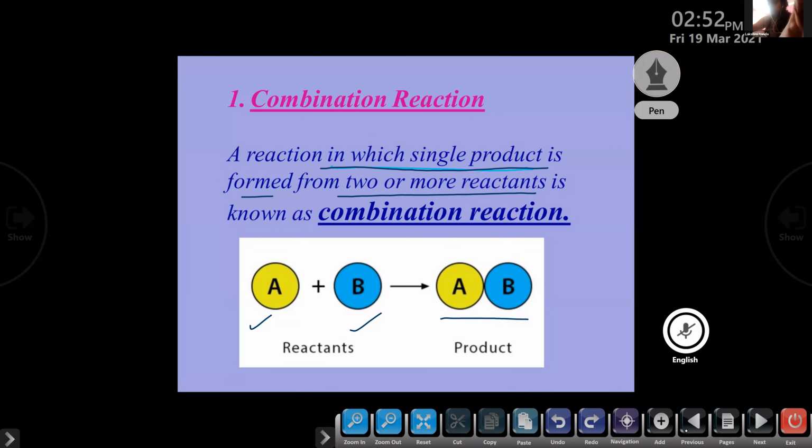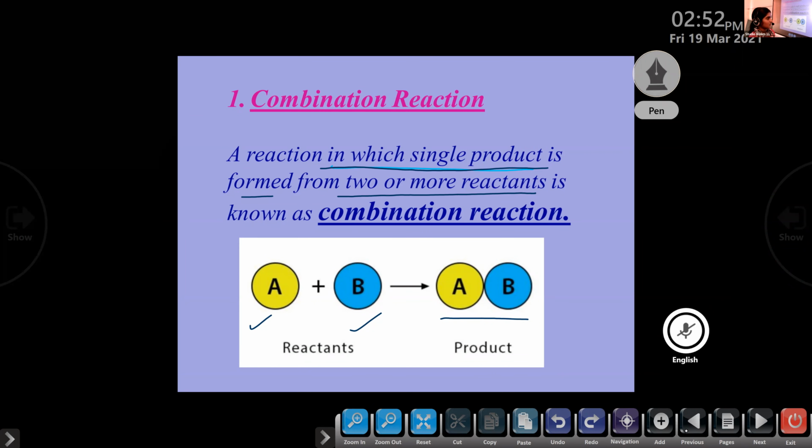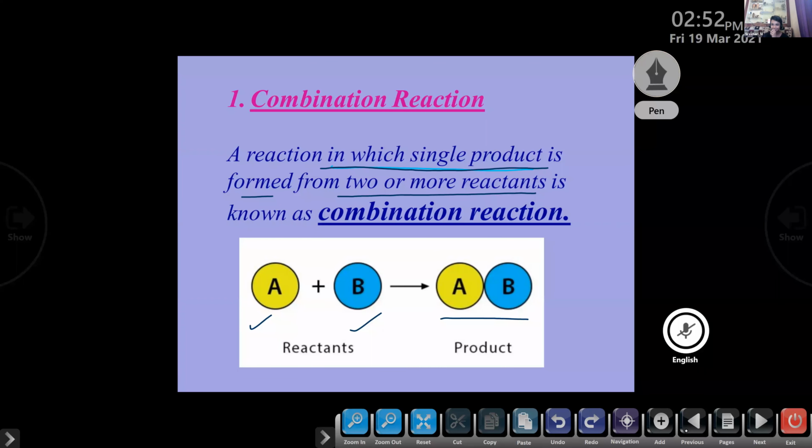Okay, tell me what's the name of the reactions in which heat is generated? Exothermic reaction. Very good. Exothermic reaction. What do you mean by the term exo?